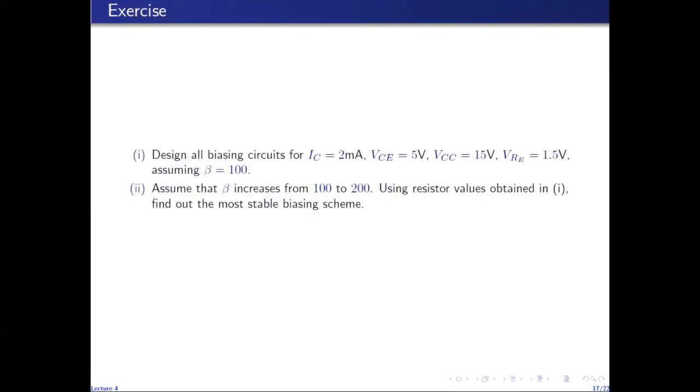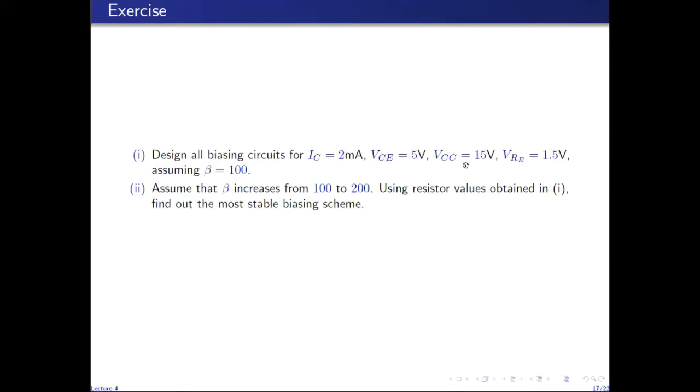So at this point in time, I would like to give you an exercise to make sure that you absorb all of this material, especially the equations. And in order to better absorb the equations, I want you to go through this exercise yourself, in which in the first part, you should design all of the biasing circuits that we have discussed so far for the bias point given by IC and VCE, assuming that the supply voltage is 15 volts, VRE is 10% of VCC, and beta of the transistor is 100.